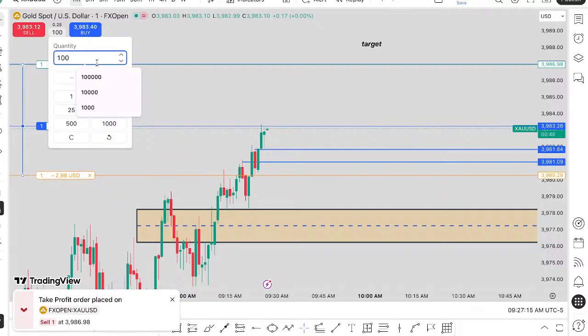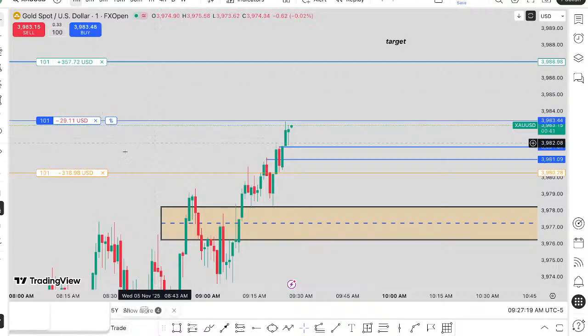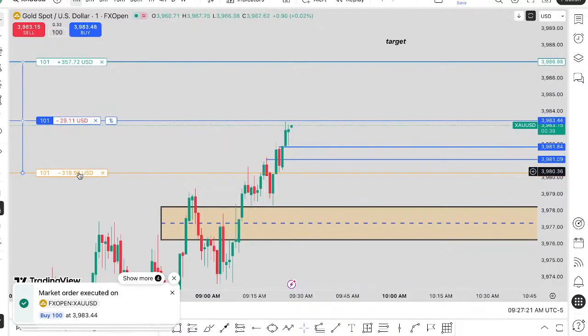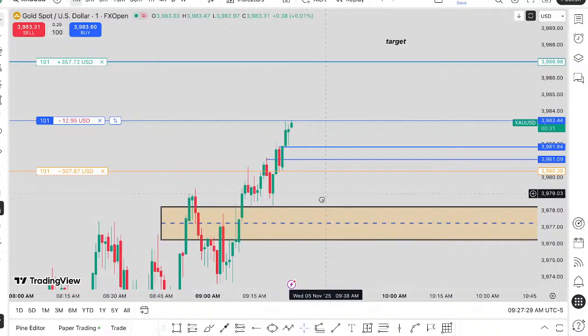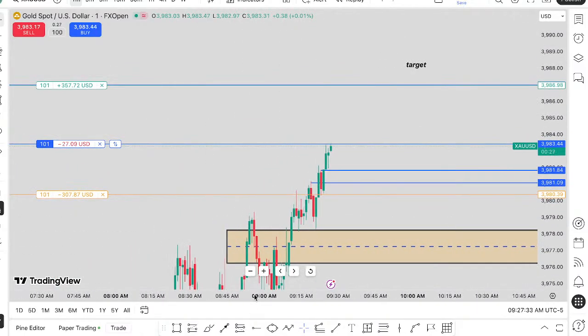Okay, let's make it 100, and that's a very good trade. Let's see how the target gets banged.